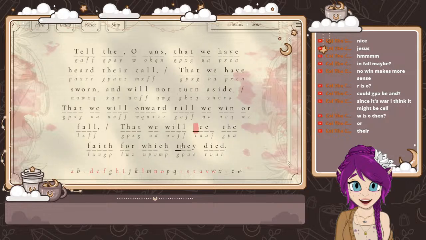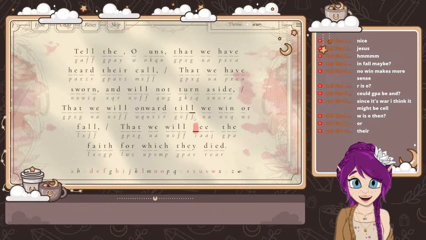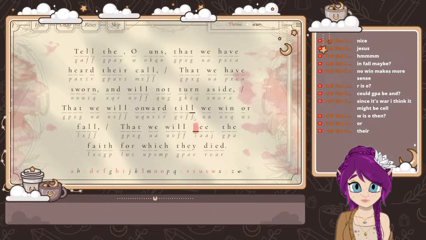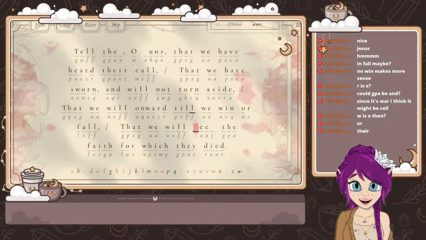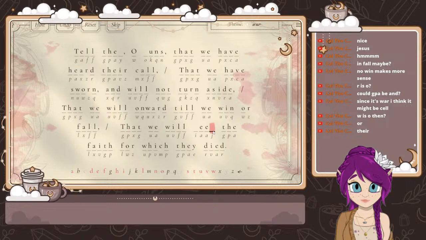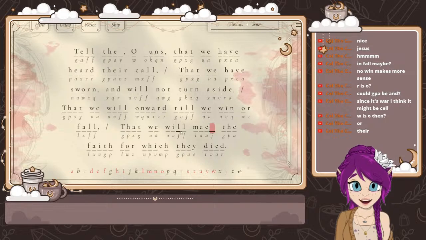Something the faith which with they die. We will honor? No, we will heed? No. We will meet their call. Meet? That we will, I am blanking.